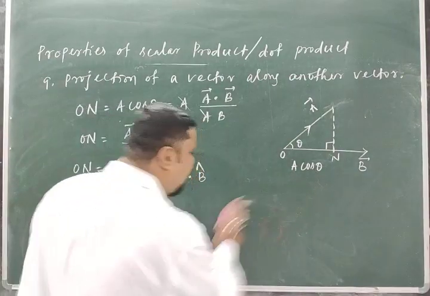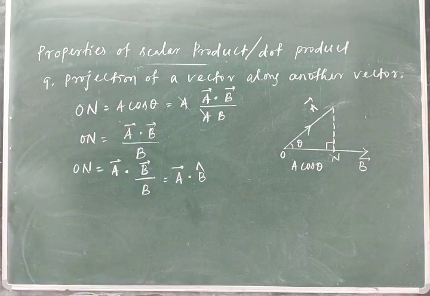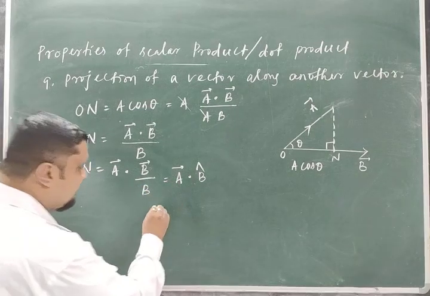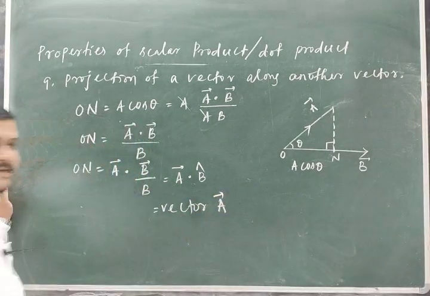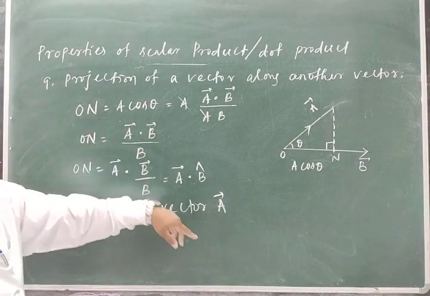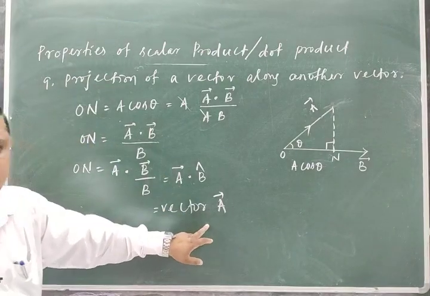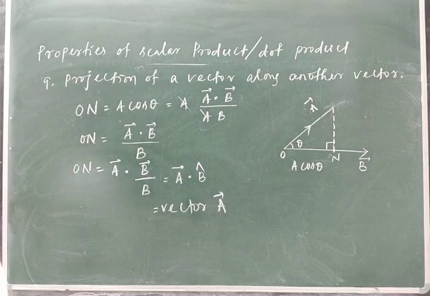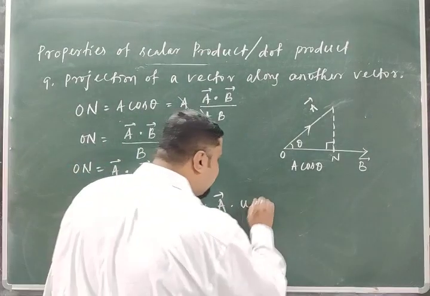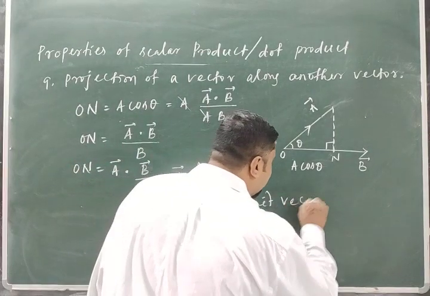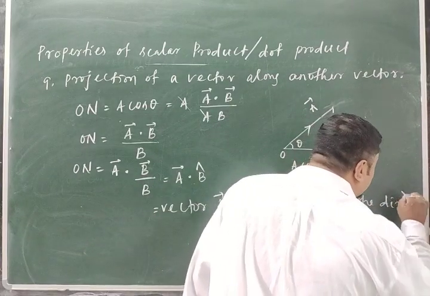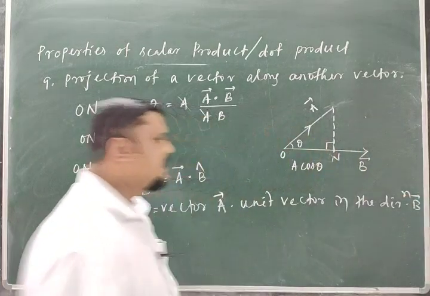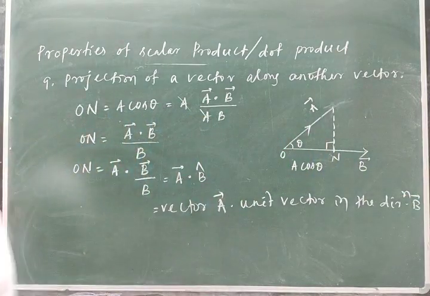The projection OM is equal to A dot B cap. That means vector A, the vector whose projection you have to calculate, dotted with the unit vector in the direction of B. B cap means unit vector in the direction of B.